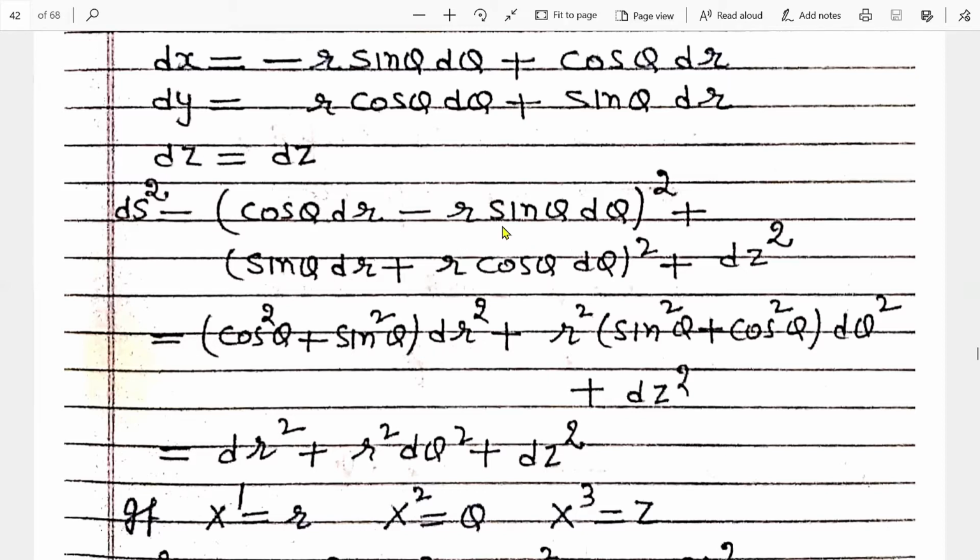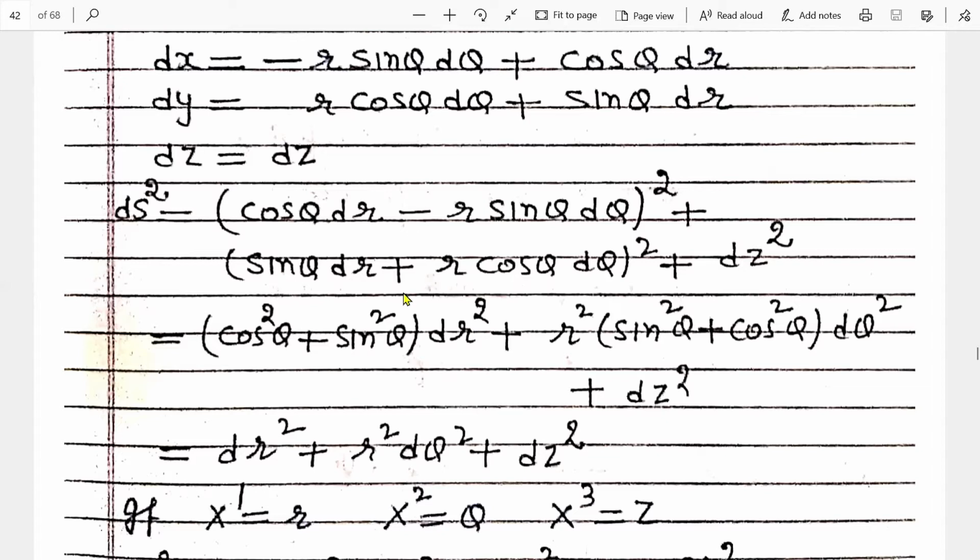Again, the square of the second term gives r square into sin square theta plus cos square theta into d theta square. The third term is minus 2r sin theta cos theta dr d theta, and the other third term is plus 2r sin theta cos theta dr d theta, so the minus and plus terms cancel each other.